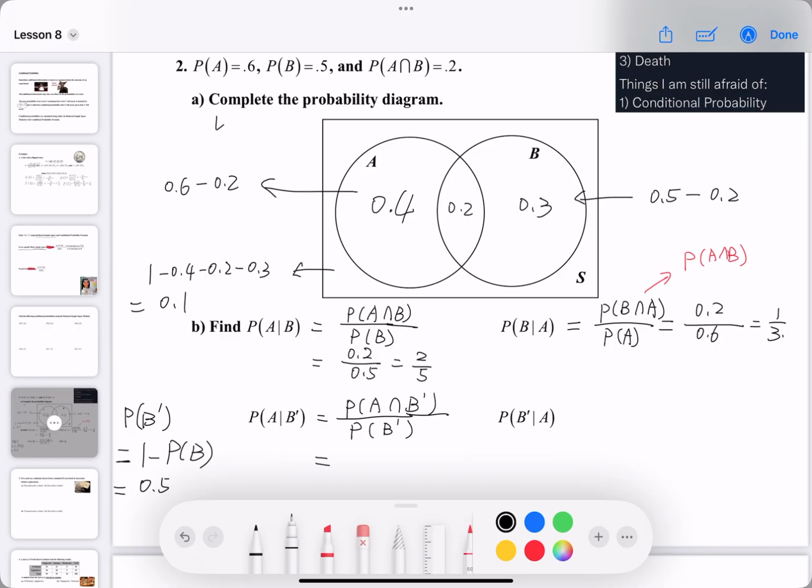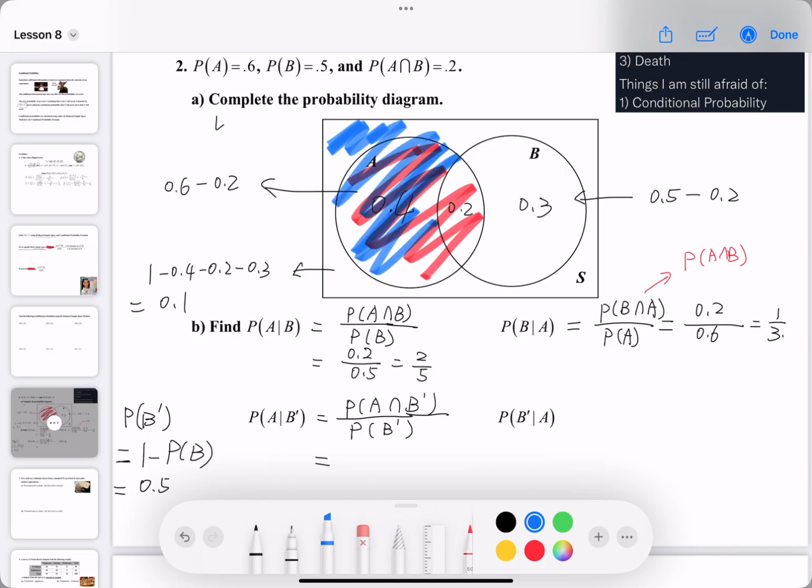And let's see the picture. This is A, and this is B prime. Where is the overlapped section's probability? Which area has both blue and red? 0.4.